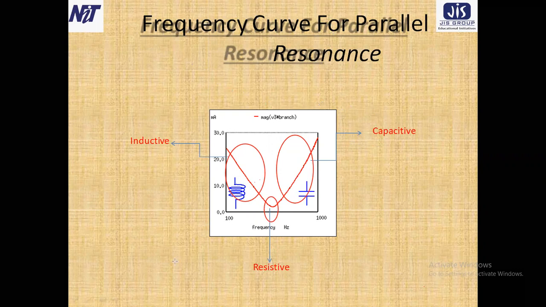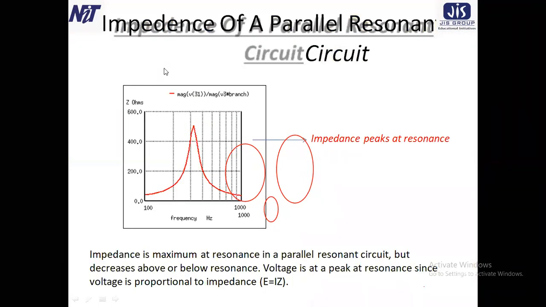Okay. Now moving to the next slide, the impedance of parallel resonance circuit. Here the figure is showing the impedance peak at resonance. This is Z in ohms along the y-axis, and this is the frequency along the x-axis.